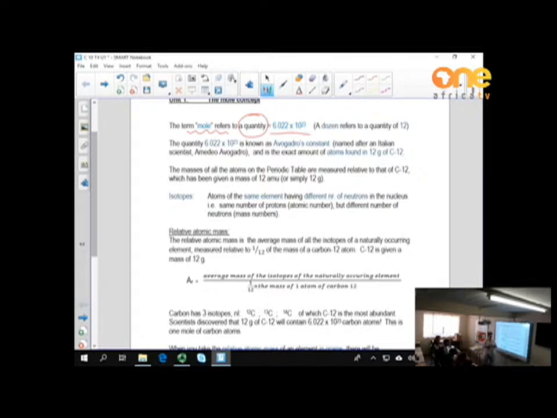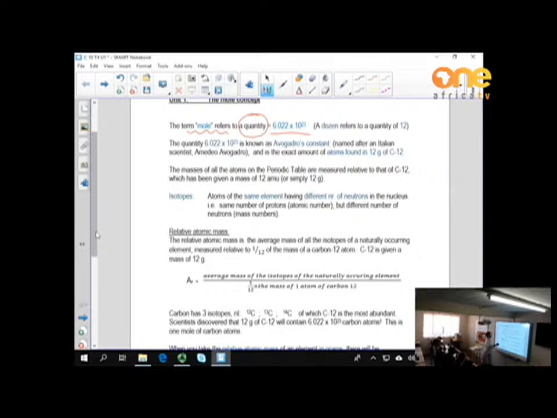You can compare it to, for example, a dozen. If I have a dozen loaves of bread, how many loaves of bread have I got? 12. Okay, so the word dozen tells me I have 12. If I say to you, I have half a dozen, 6. All right, because we know a dozen means 12.